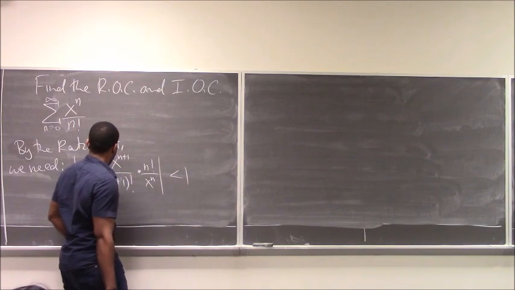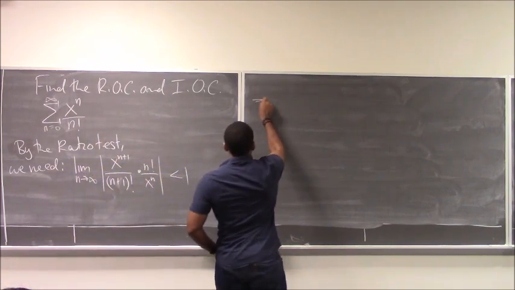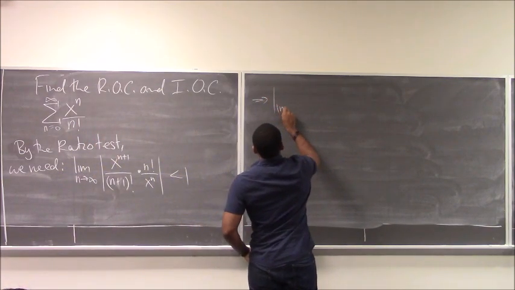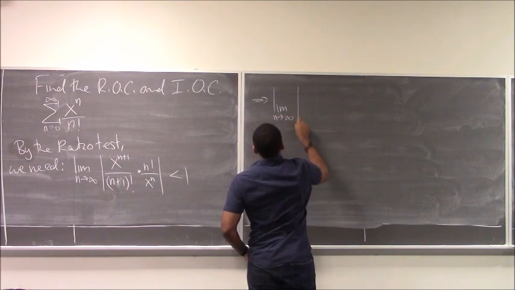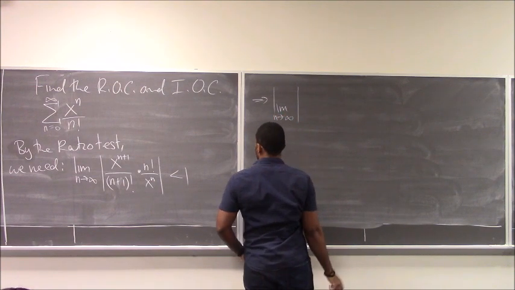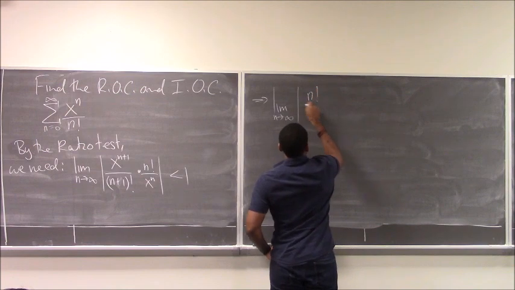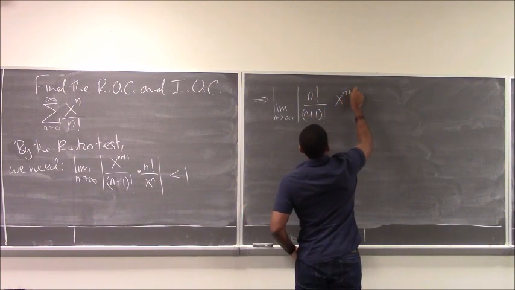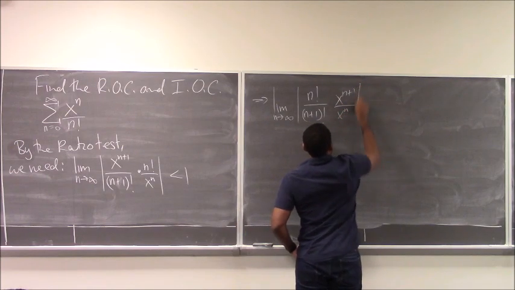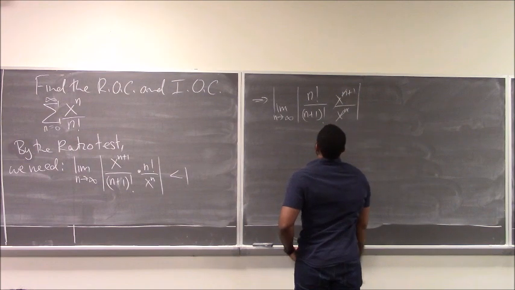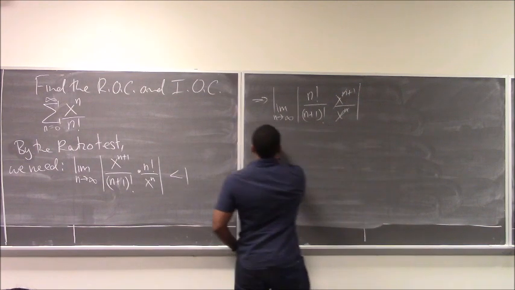We need that to be less than 1. This means this cancels into not all of that, but that.